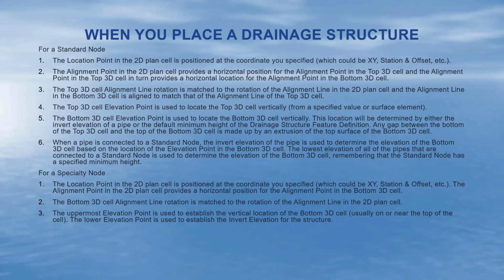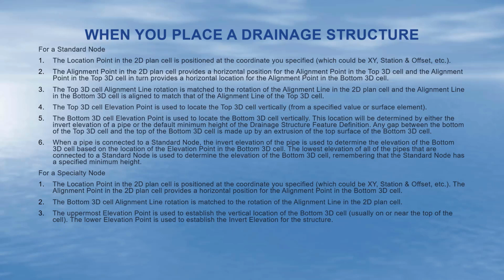The bottom 3D cell elevation point is used to locate the bottom 3D cell vertically. This location will be determined by either the invert elevation of a pipe or the default minimum height of the drainage structure feature definition.